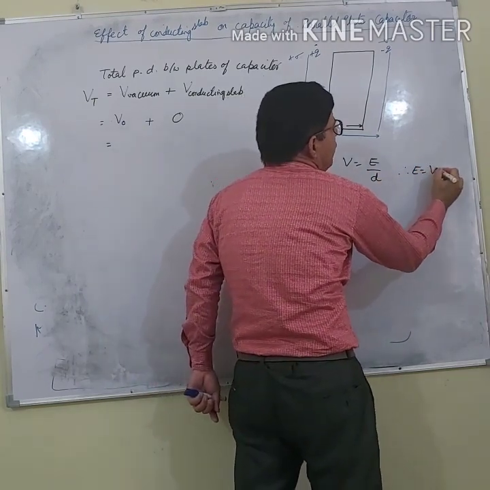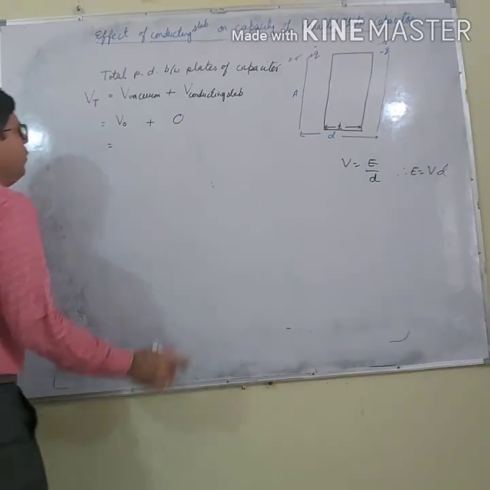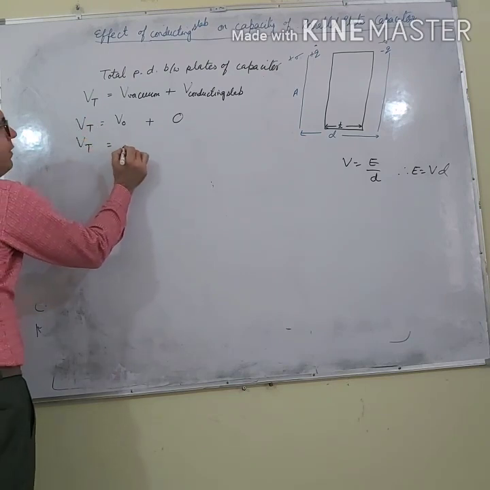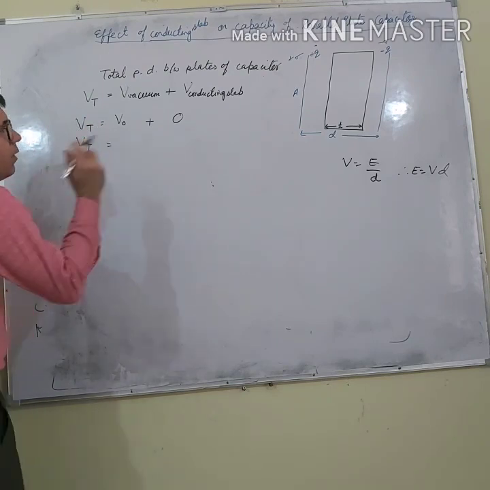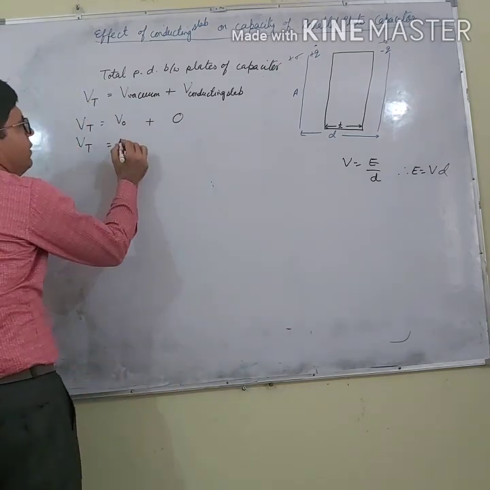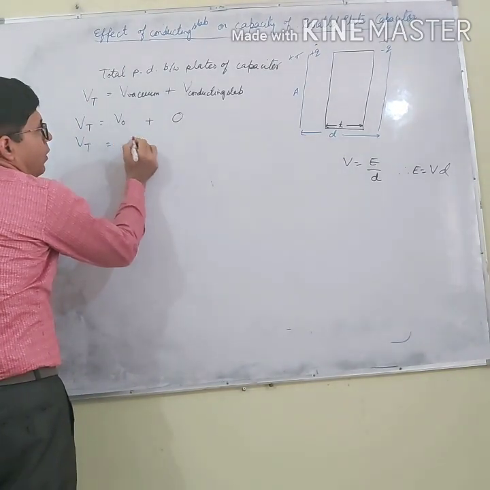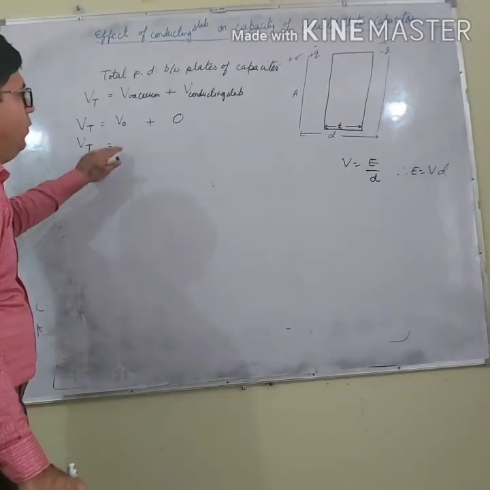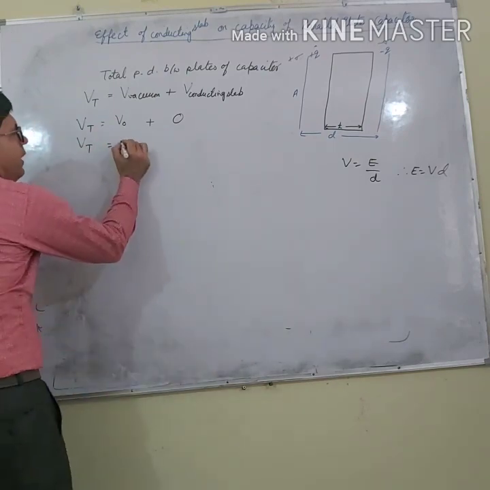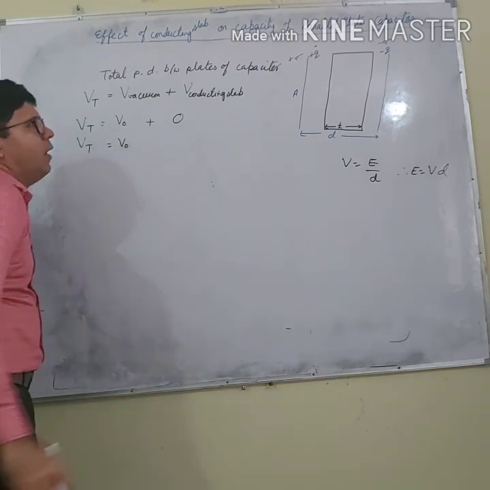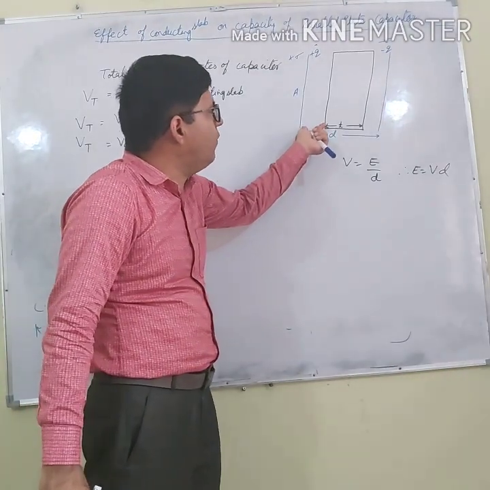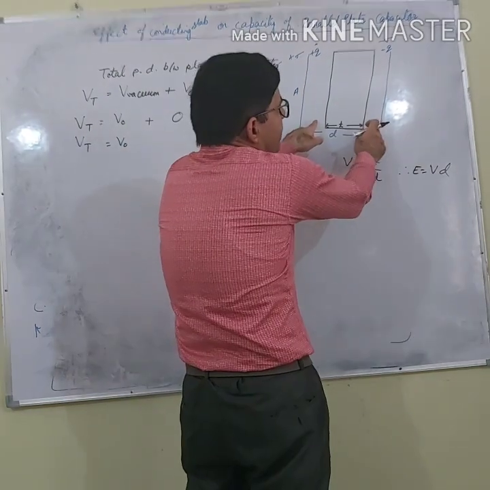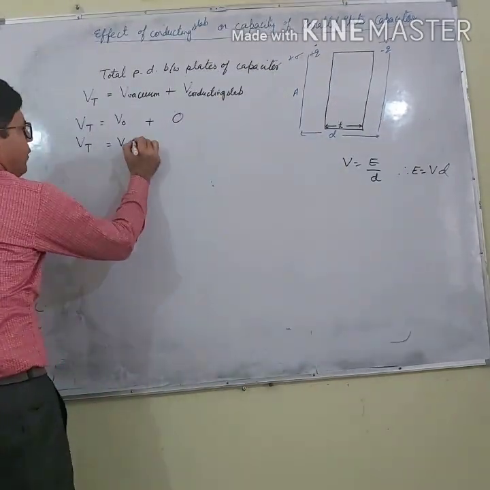So this Vt equals E into D, where E is the field and D is the thickness of the vacuum. Total is D, and the conducting slab takes T, so D minus T is left.